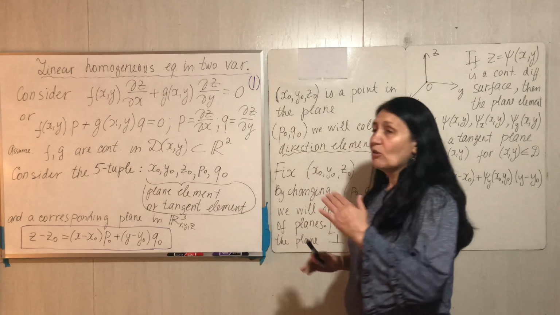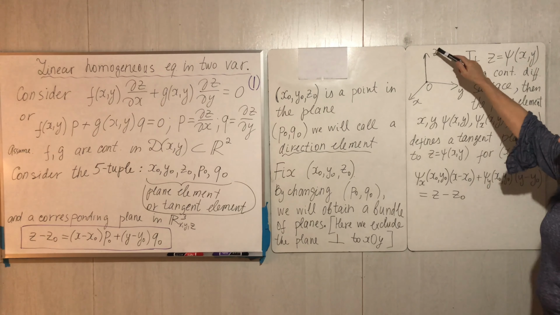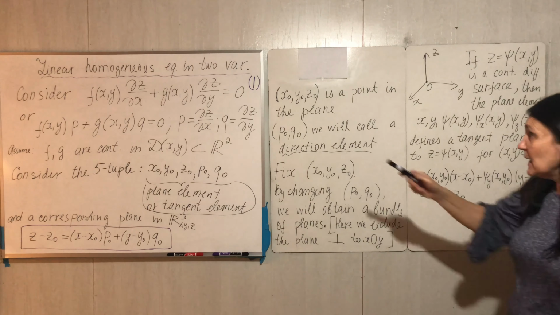And here we will exclude the plane that is orthogonal to our x or y. So suppose that in three-dimensional space, we have the x, y plane where x and y are changing, and z is our function of x and y. And we can draw a picture.